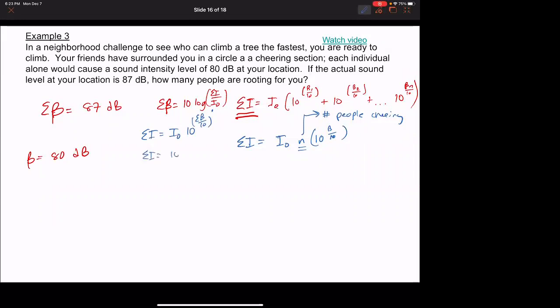Sum of the I's equals 1 times 10 to the minus 12 times 10 to the 87 over 10. So the sum of the I's equals 1 times 10 to the minus 4th.